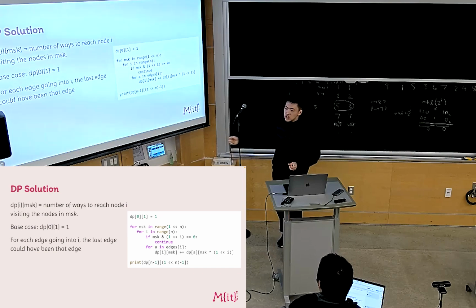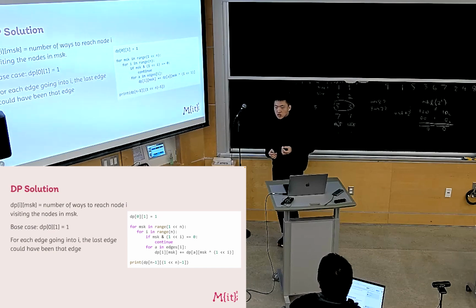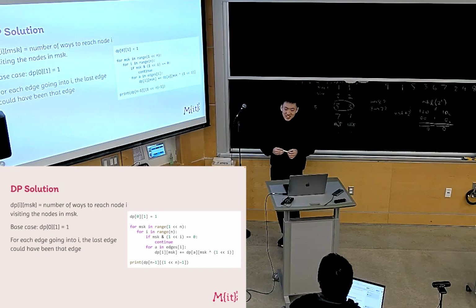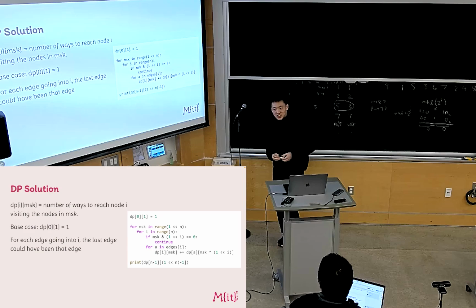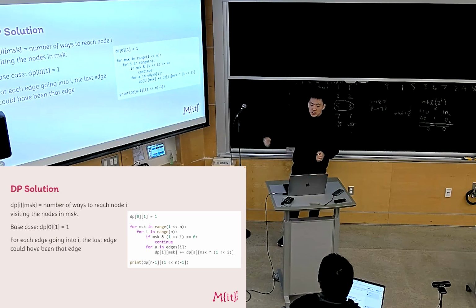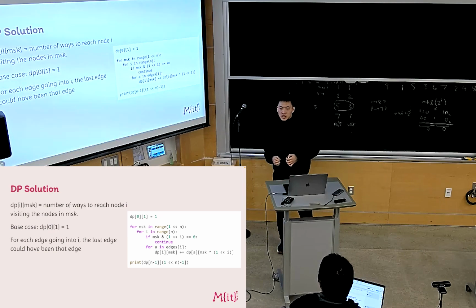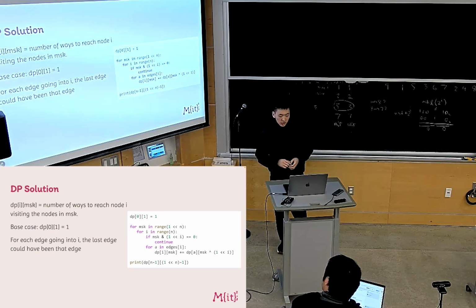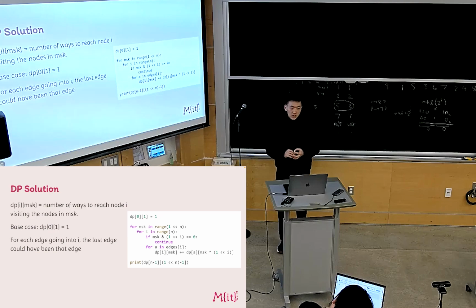So we don't actually need to check whether A is contained within mask. Does that make sense? Oh, I see, like in the continue. Yeah, in the continue statement, we've already checked whether it's visited or not, so we don't need to check it again.